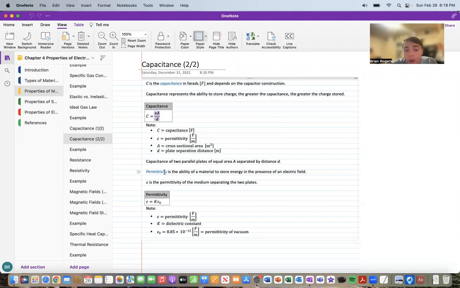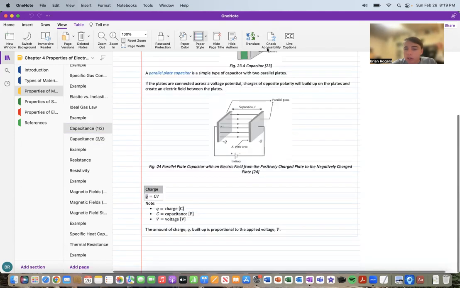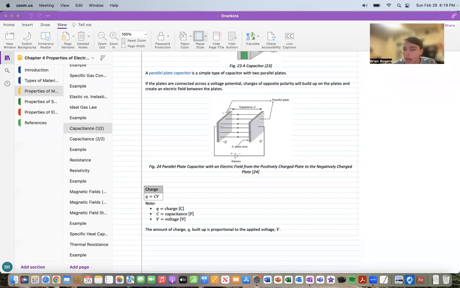Permittivity is the ability of a material to store energy in the presence of an electric field. Remember how, in an electric field, capacitors store their energy by that difference in charge, which creates that electric field. So that energy is actually created by that electric field, because in order for an electric field to exist, there must be separation of charge.